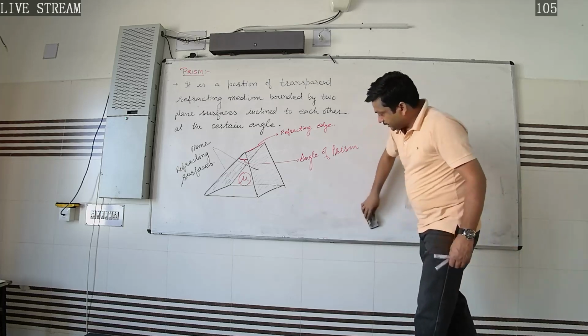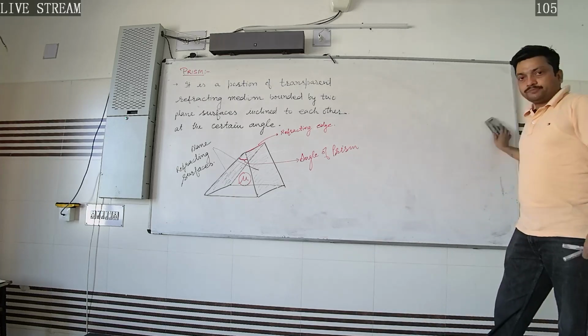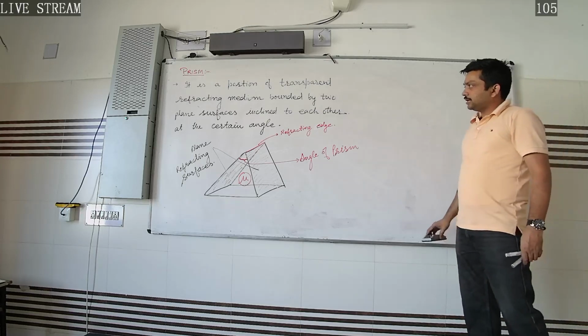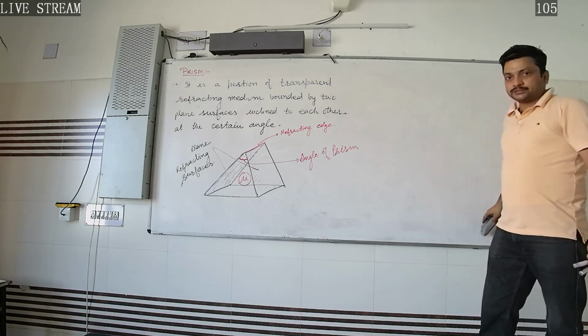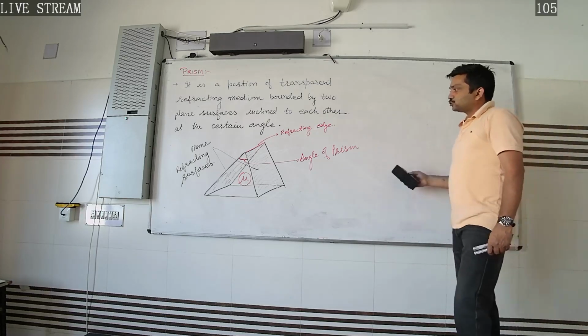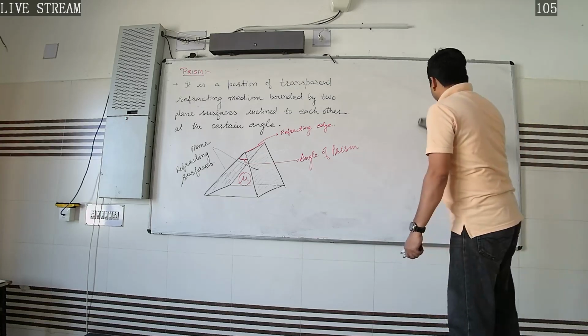Okay. Now let's come to the main question which the CBSE asked in the previous years. That is, prove that delta plus A is equal to i plus e.